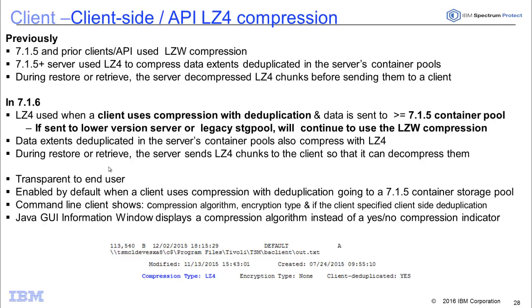All of the selection on whether to use LZ4 or LZW compression is underneath the covers. However, the client does have the ability to turn off or turn on client-side compression. You will see information on the command line client showing what the compression type is, and you'll also see the Java GUI information window display what type of compression is being utilized.